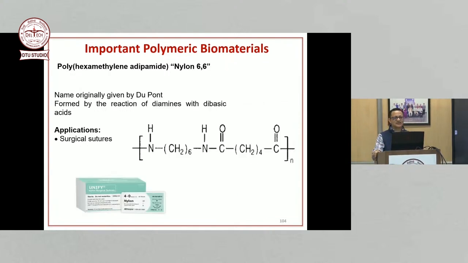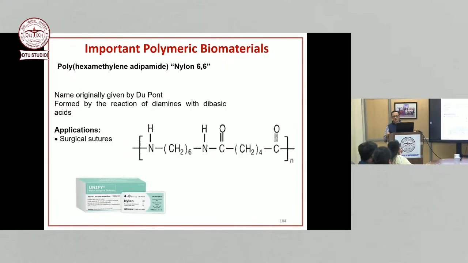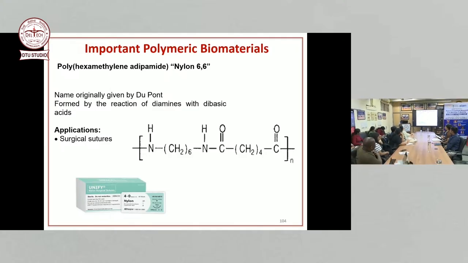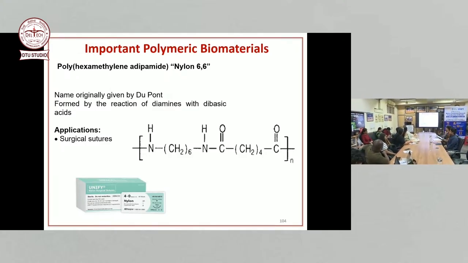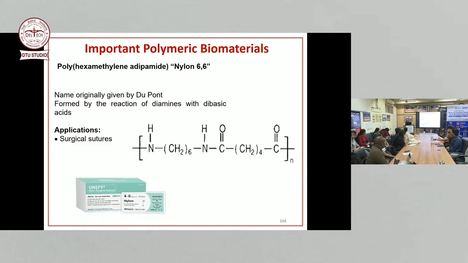Nylon 6,6, have you guys heard of nylon 6,6? Yes, sir. Today did we talk about nylon 6,6? We did? In condensation reaction. Condensation reaction, right? Adipic acid reacts with hexamethylene diamine to give nylon 6,6, and what's the byproduct?